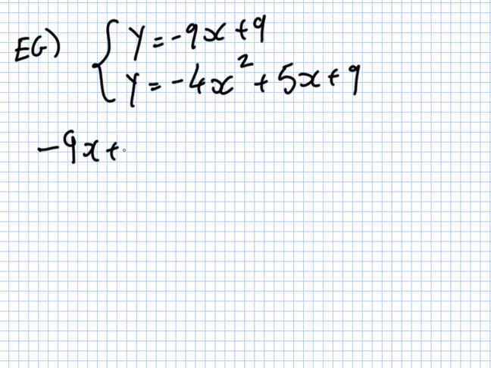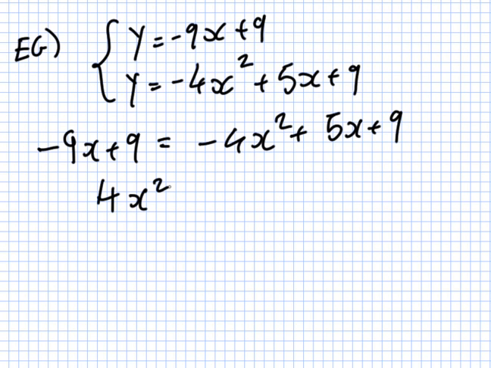Minus 9x plus 9 equals minus 4x squared plus 5x plus 9. So that is 4x squared minus 14x plus 0, because the 9 and the 9 cancel, equals 0. Now, you don't even have to solve this.